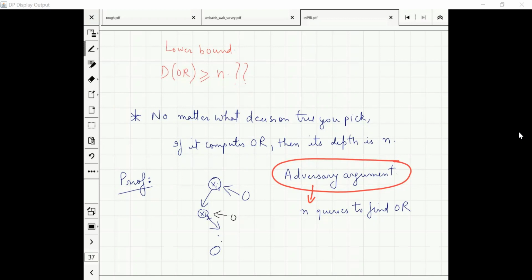Since you have claimed that you are computing with n-1 queries, after querying, let's say, the (n-1)th bit, you will say that you know the value of the function. But can you? You can't. Because by setting x_{in}, the remaining bit, to 0 or 1, my function value can change.